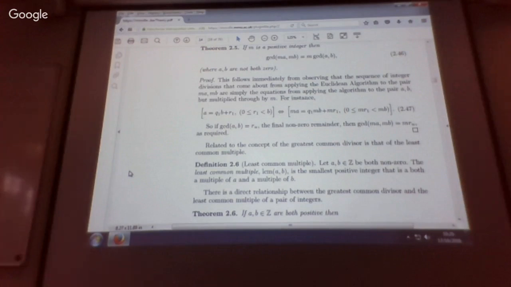So some of those might be proved either by reference to how the Euclidean algorithm is operating in those cases, or by using just the original definition of the GCD. So, any questions at that point? Anybody got anything about the Euclidean algorithm that you'd like me to clarify or say something about?